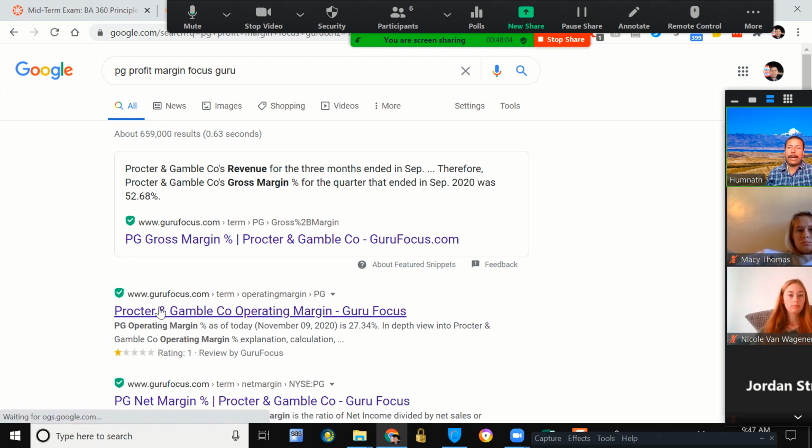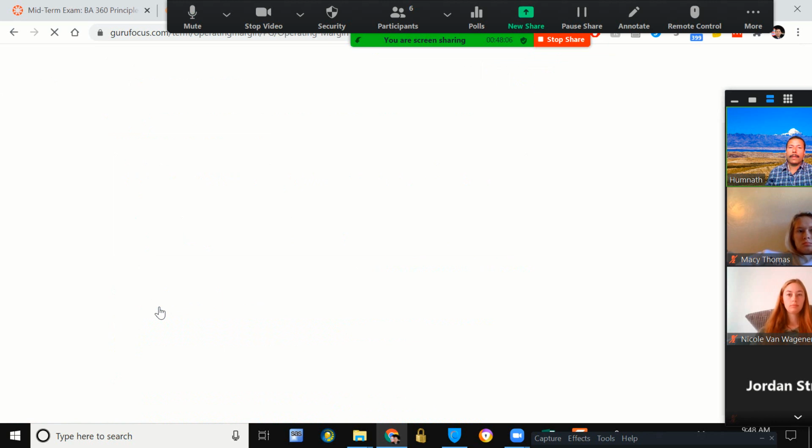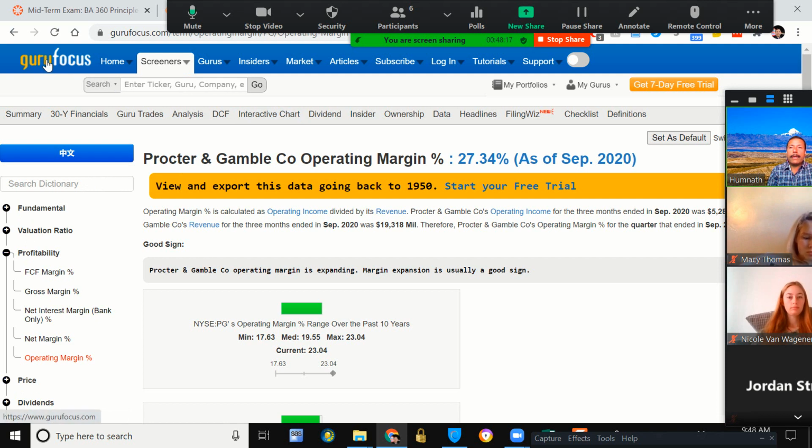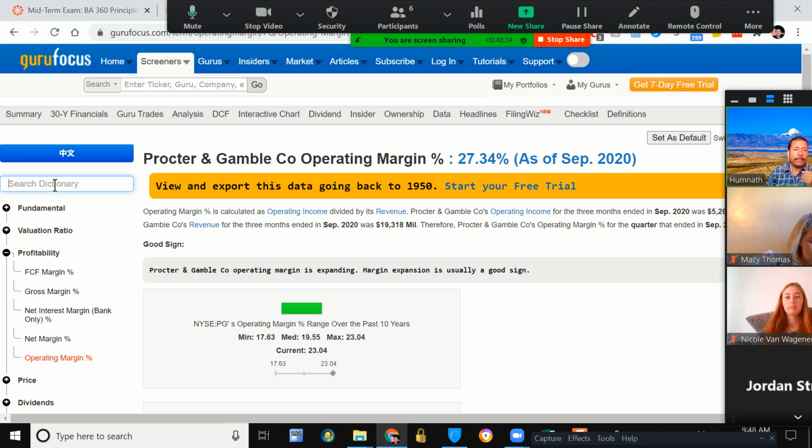That's easier. So I go over here, and once it comes up, you can see it's going to show you all this information. Don't search over here. I mean, you can directly go to gurufocus.com and type your company's name, right? But the way I showed you is easier because it's going to bring you down there. This is where you search the directory, all the information.